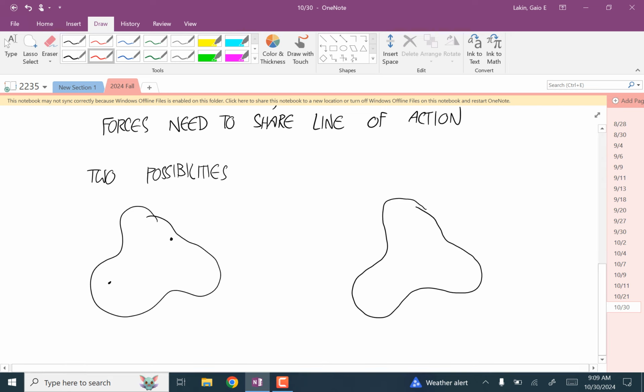These forces can be towards each other like this with the same magnitude, or they can be away from each other like this. Okay.